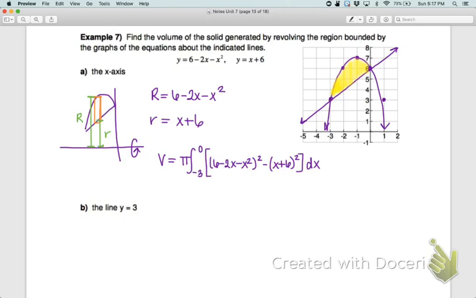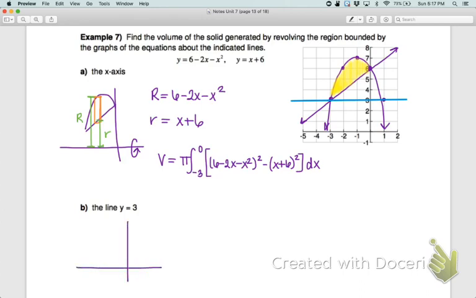That is also a horizontal line, but that is the line that goes through right here. That is going to change what our radii are because the radius is always going to measure to the line you're revolving around. So again, like I said, I sketch myself a new picture every single time.